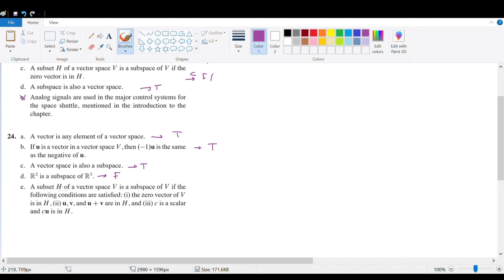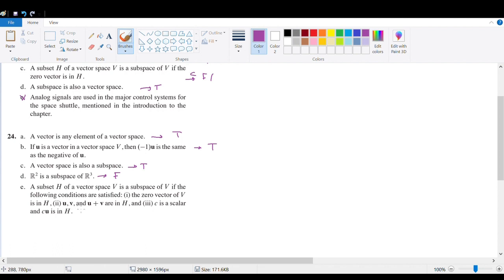E: a subspace H of a vector space V is a subspace of V if the following conditions are satisfied: the zero vector of V is in H; u, v, and u plus v are in H; c is a scalar and cu is in H. For this one, the zero vector of V is in H, okay.